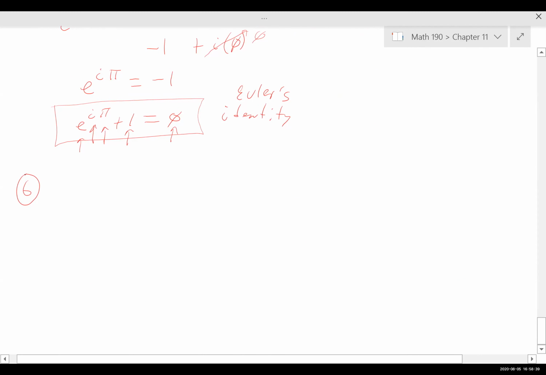Find the Maclaurin series for f of x equal to 1 plus x to the kth power. We want the Maclaurin series for this thing.